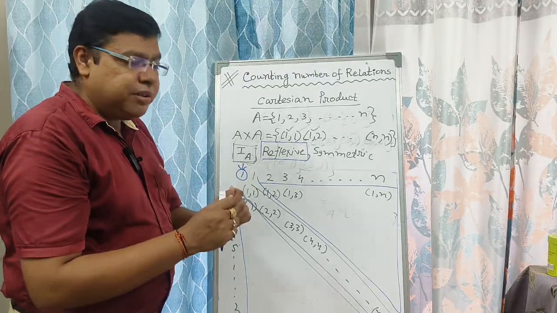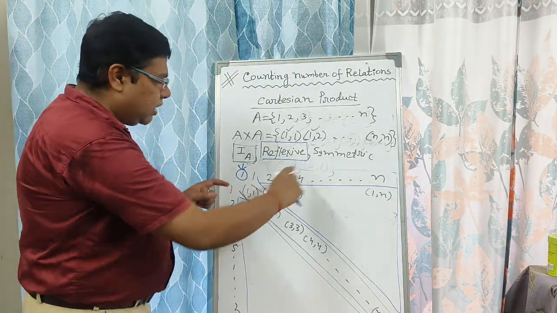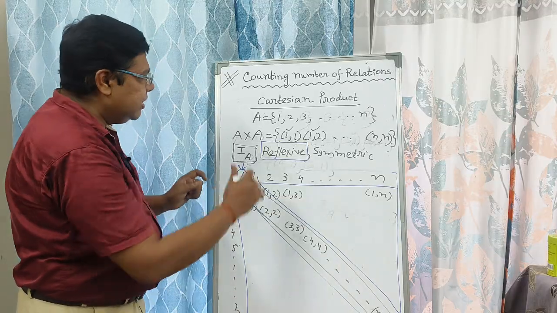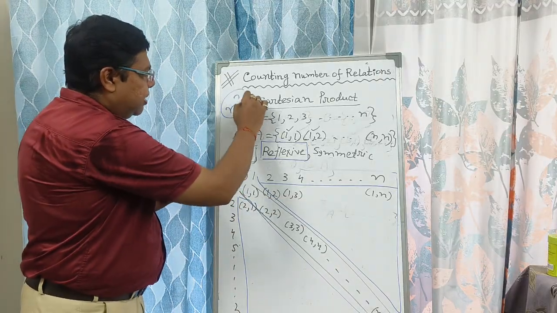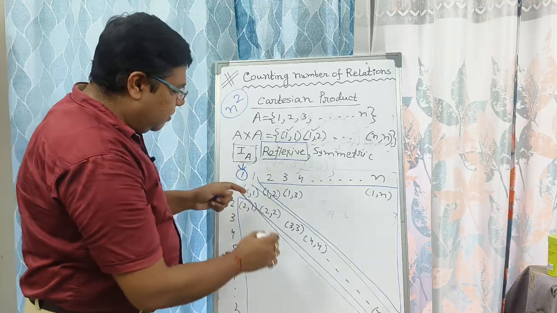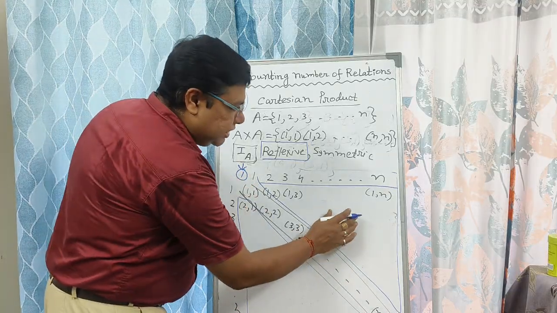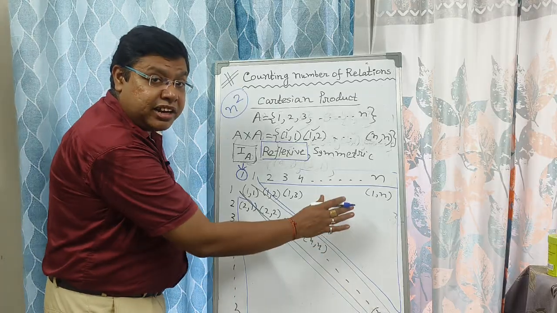Now let me count it. Total, I have told n square. This here is n, here is n. Total is n square. Now these n elements are here. So this side and this side are symmetrical and equal.